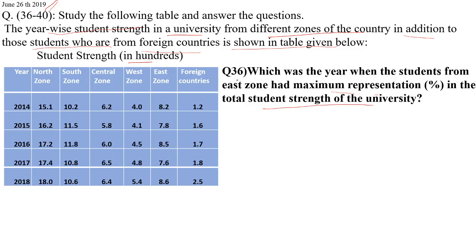So in East Zone, first of all we come to the East Zone and we have to take out the values, maximum representation. So here, when it is telling about the maximum representation in this year, it will be like 8.2 out of the whole 2014 value, right?